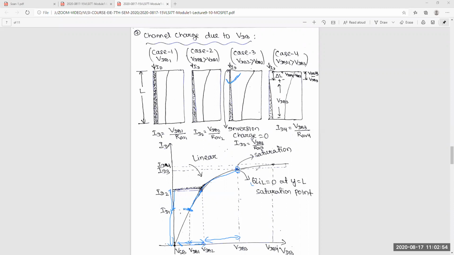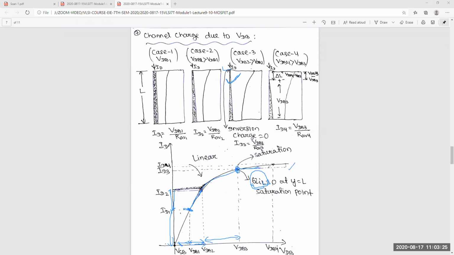That means QIL, the interface charge at L, is equal to 0 at Y equal to L, the saturation point. After that, if you increase VDB, what happens? It will not change. It's almost constant, but increases a little bit.